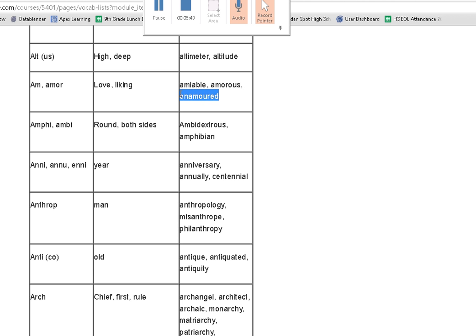Enamored means that usually it's used right when you learn something or early on. You're enamored by the idea of, I don't know, having lunch detentions maybe. If you are really into it, you hear about it, you're like, oh wow, that sounds incredible.